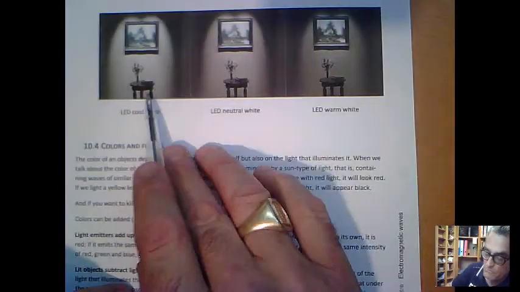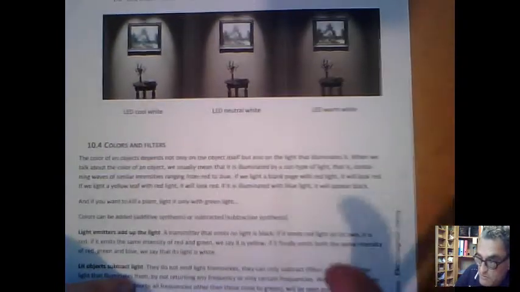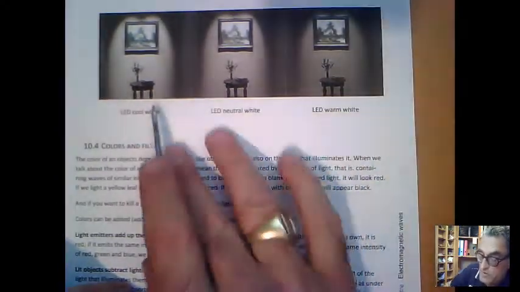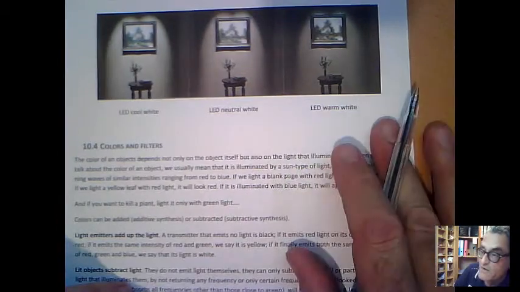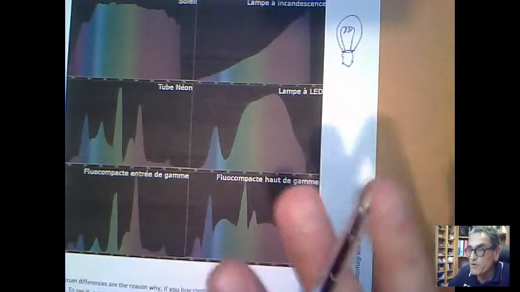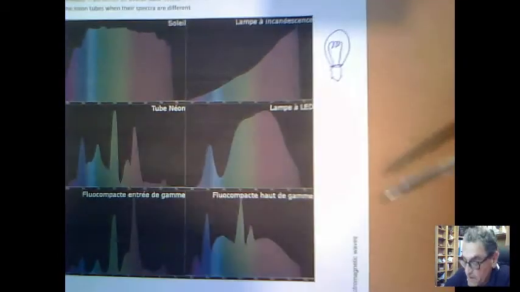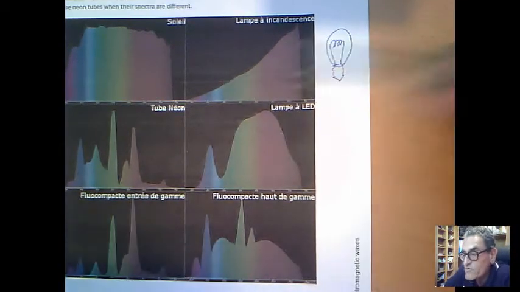And if you buy a cool white LED, which I encourage you not to do because it's horrible, you will have a white light which is very cold, which contains a lot of blue, and it's not nice. So just be aware of the fact that in different sources of light you have different spectra. You don't have the same amount of light in all the colors.